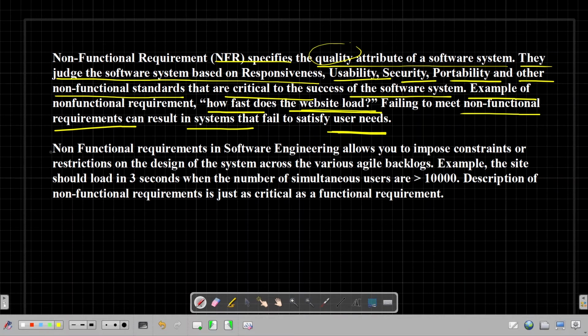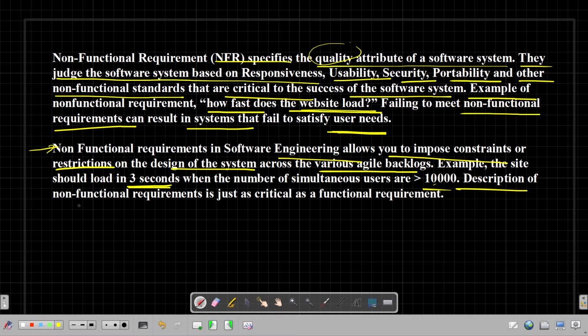Okay, so non-functional requirements in software engineering allow us to impose constraints or restrictions on the design of the system across various agile backlogs. For example, the site should load in 3 seconds and the number of simultaneous users is greater than 10,000.